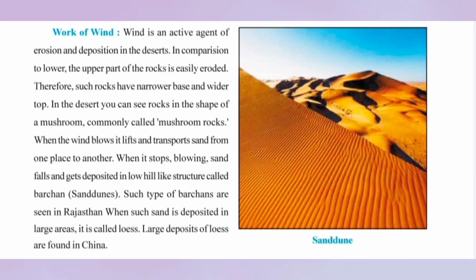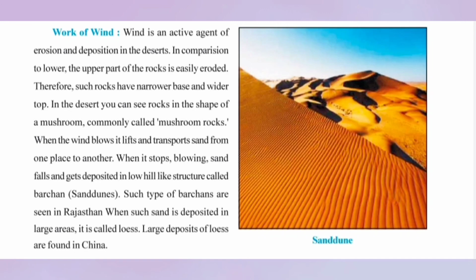So you have a kind of hard rock, soft rock arrangement. What happens is the soft rock at the lower section erodes at a much higher rate as compared to the hard rock. And there is a kind of mushroom shape seen in the desert region, and this formation of mushroom-like rocks is what we call mushroom rock.